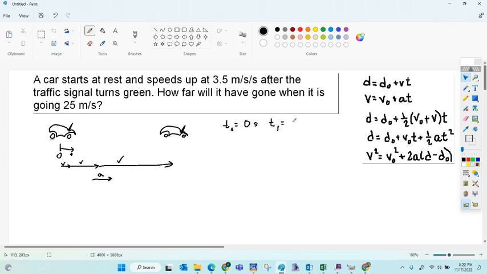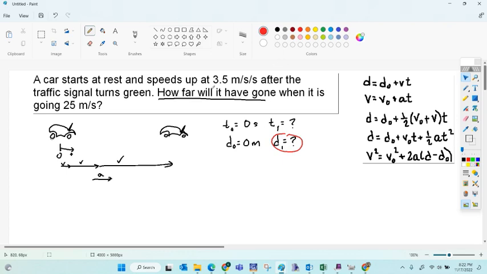Our later time, we don't know how much time it took. We know that our starting position is at 0 meters. And our ending position, or our later position, once again, we don't know what that is. However, how far will it have gone? We've just identified right here, this is the thing we're trying to find. We're trying to find the later position.